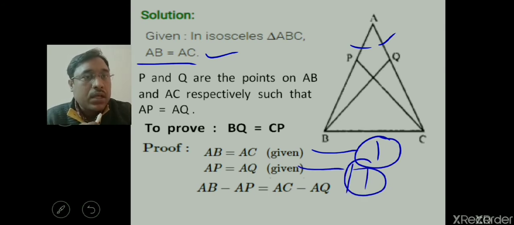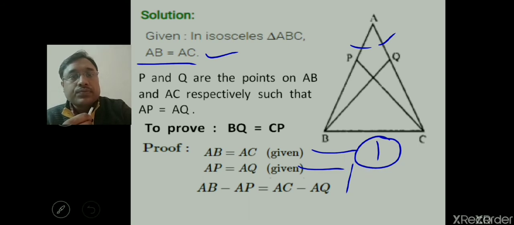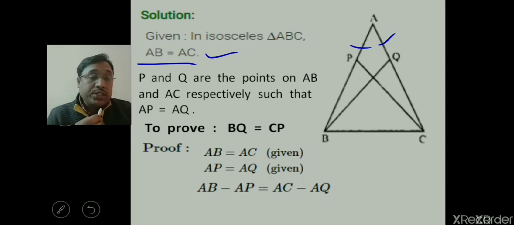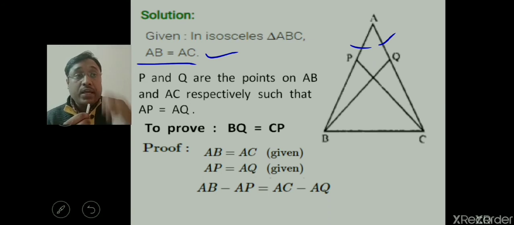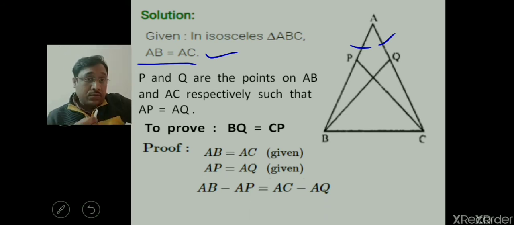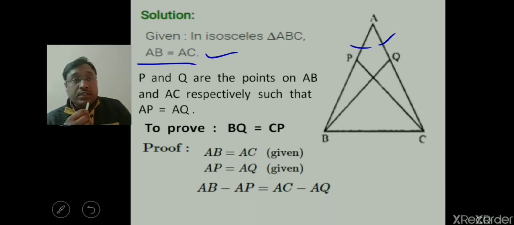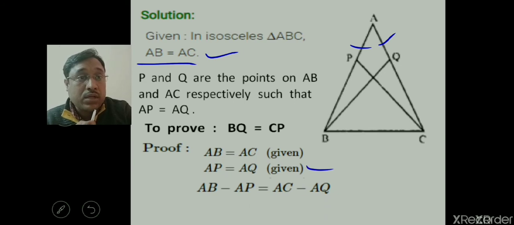Then you can subtract equation 2 from equation 1, that means AB minus AP equals AC minus AQ, because AP and AQ are equal.